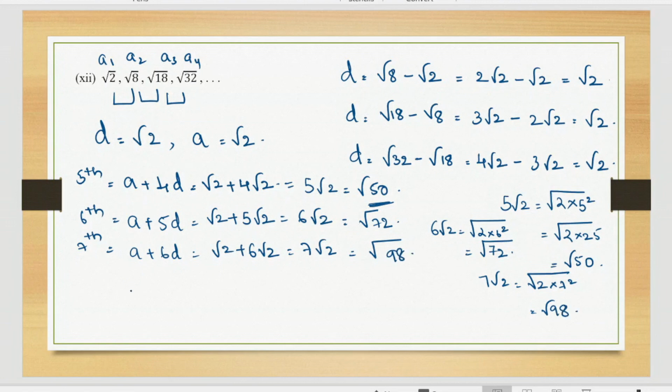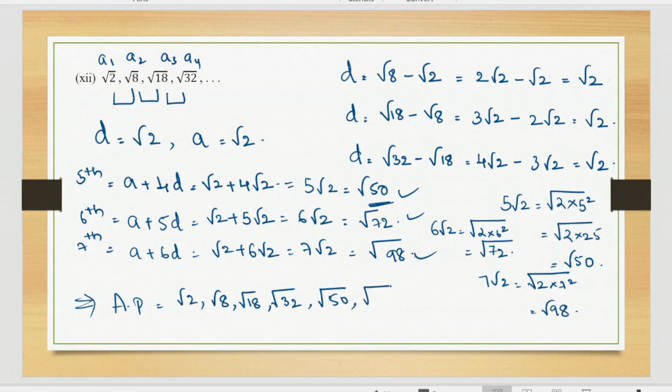So the fifth, sixth and seventh terms are root 50, root 72 and root 98. So therefore, the final AP will be root 2, root 8, root 18, root 32, root 50, root 72 and root 98. Clear?